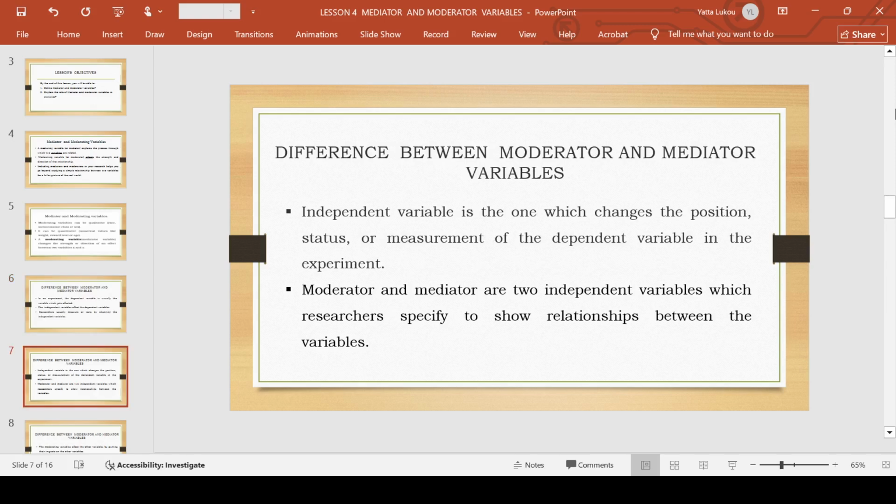Independent variable is the one which changes the position, the status, or measurement of the dependent variable in the experiment. Moderator and mediator are two independent variables which researchers specify to show relationship between the variables.